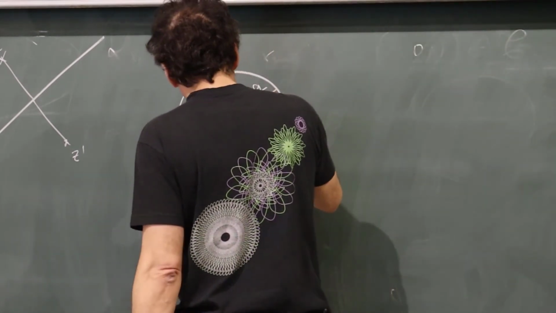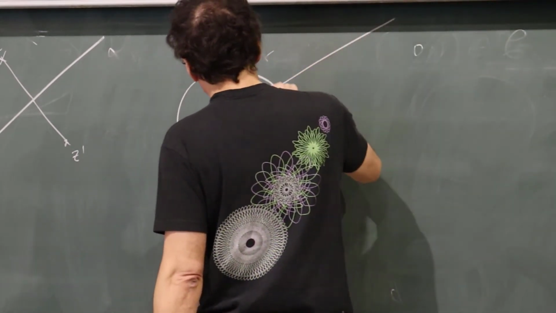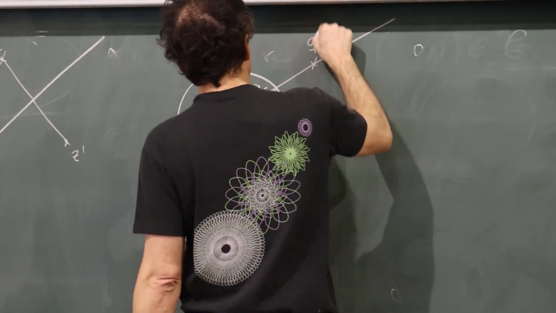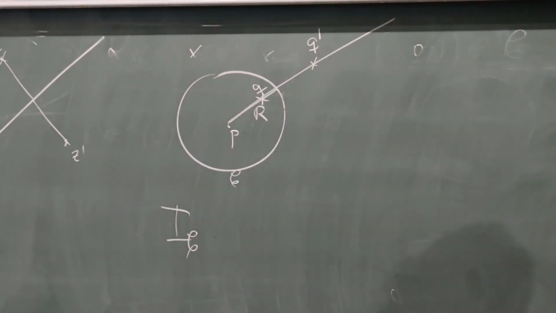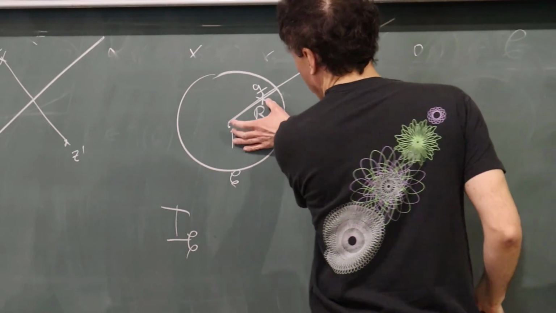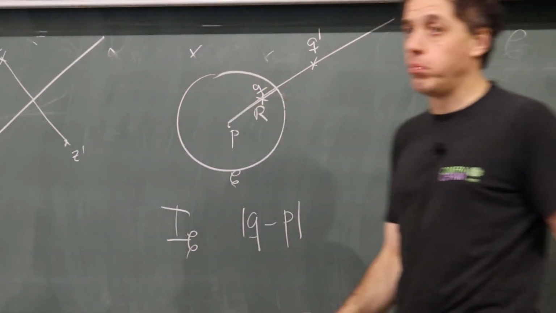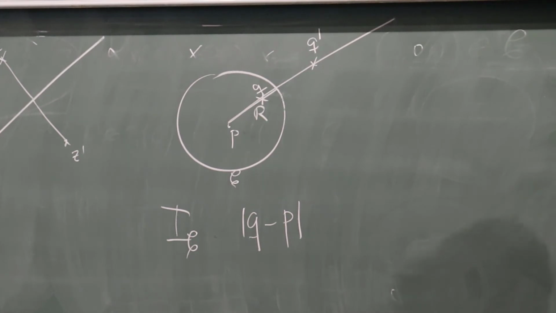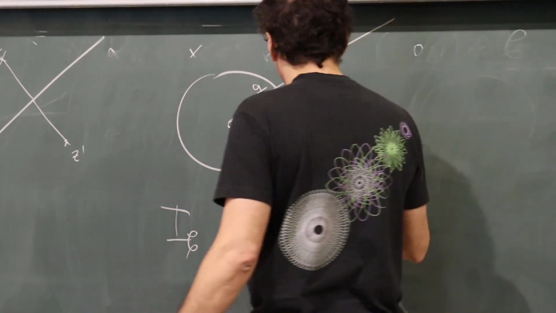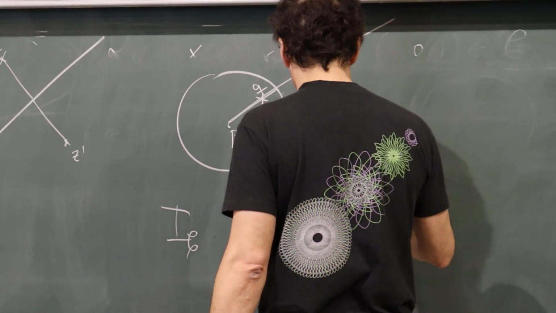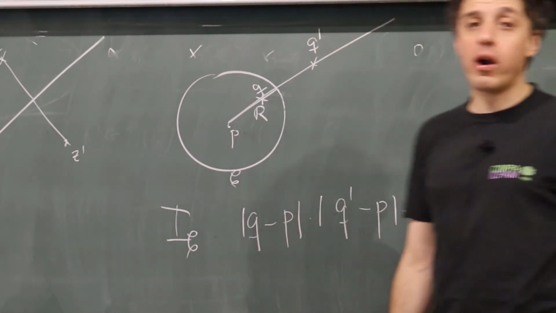And we're going to find in this same half line another point Q prime such that the product of Q minus P, the distance from the first point to the center, times Q prime minus P is the square of the radius.